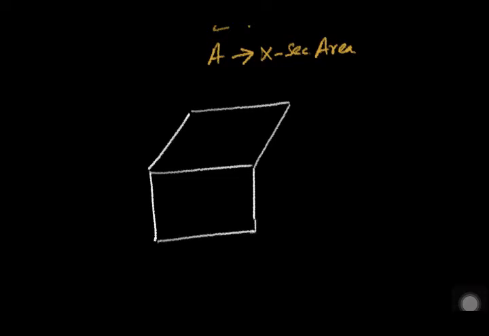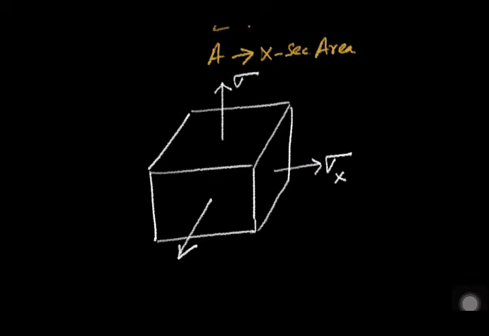This is a small element where we have three normal stresses: sigma x, sigma y, and sigma z. And we have a shear stress tau in the x plane due to y.